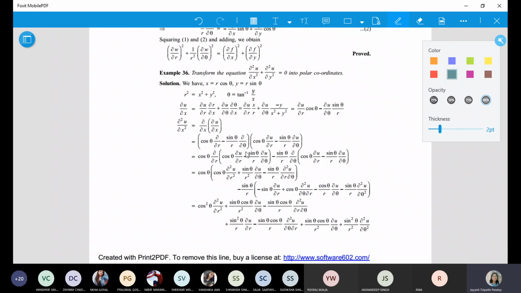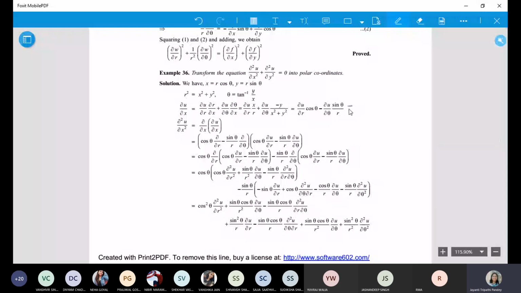This whole thing can be written like this: cos theta del by del r minus sin theta by r del by del theta of u. So actually this is del by del x of u.